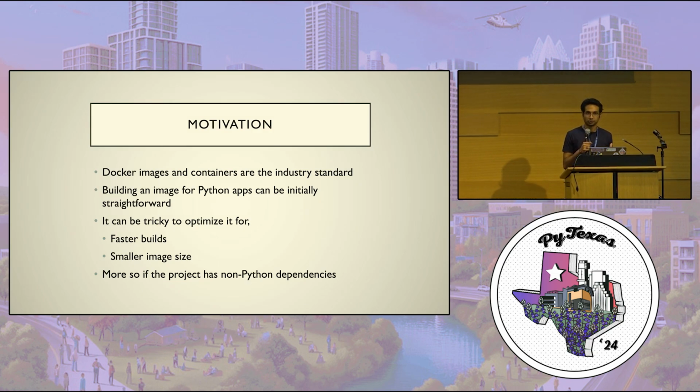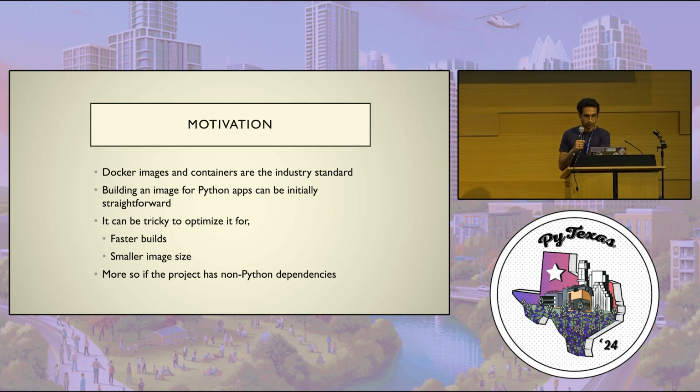It's not that hard to set it up and get something running. The tricky part is to really optimize it for your application, for faster build time and smaller image size. We'll go into all of that soon. And this is even more complicated when you have a non-Python dependency, maybe something like a C extension, C++, or Rust.